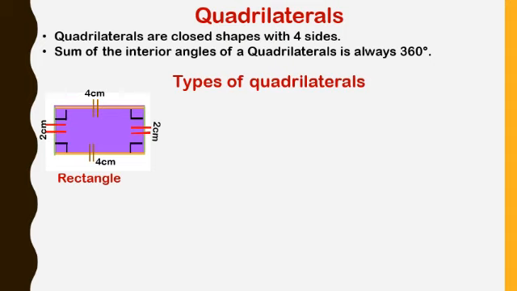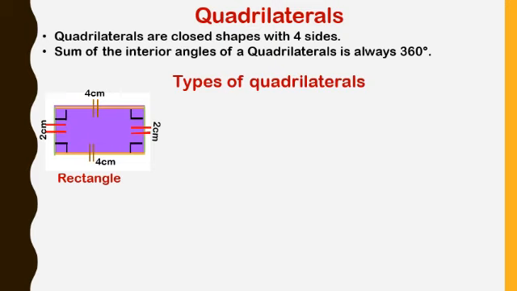So we can say opposite sides of rectangles are equal and opposite sides are parallel. Why? The distance between the two sides is equal. So we can say opposite sides are parallel. And you can see all the angles of a rectangle are 90 degrees each.